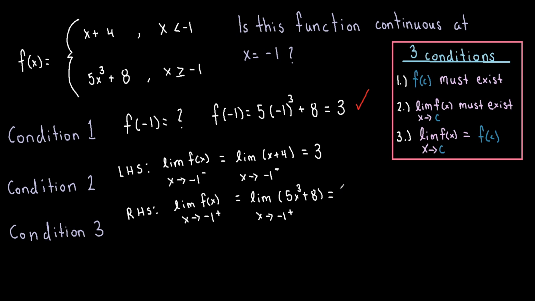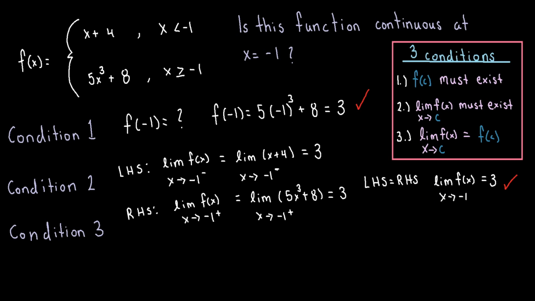And this will equal 3. And you can see that the limit from the left-hand side and the limit from the right-hand side are equal to each other. Therefore, we can say that the limit of f of x as x approaches -1 equals 3. And now, the second condition has been met.